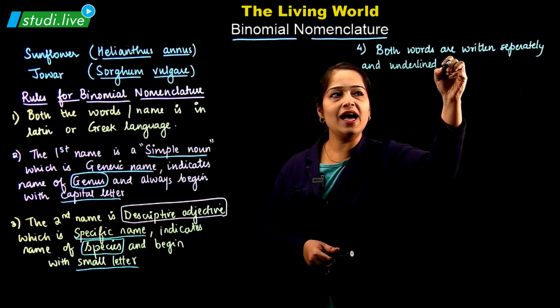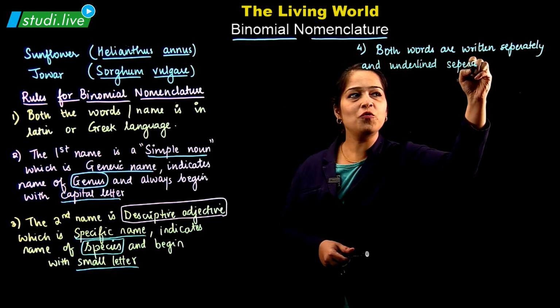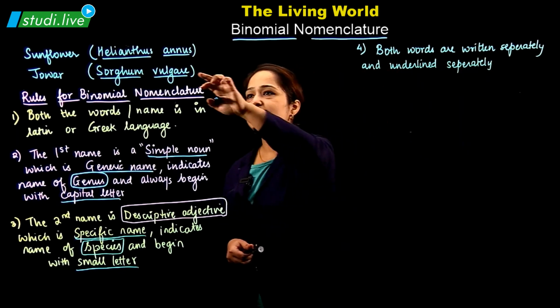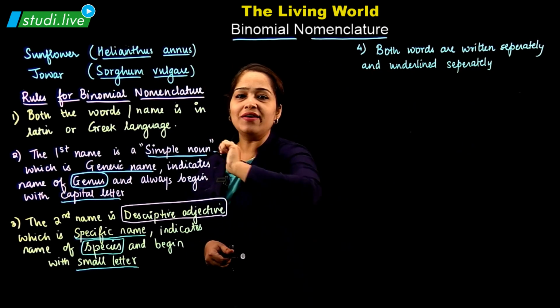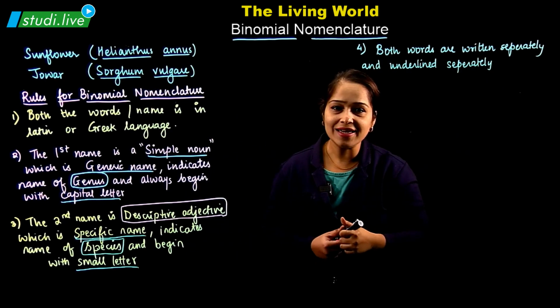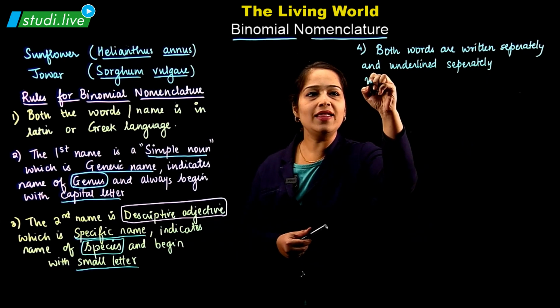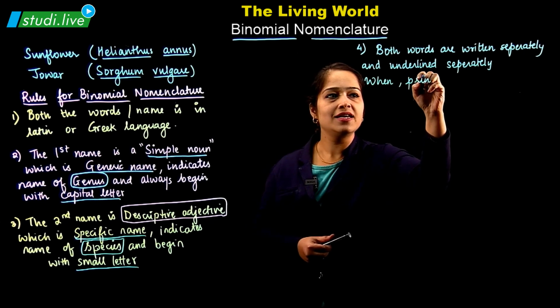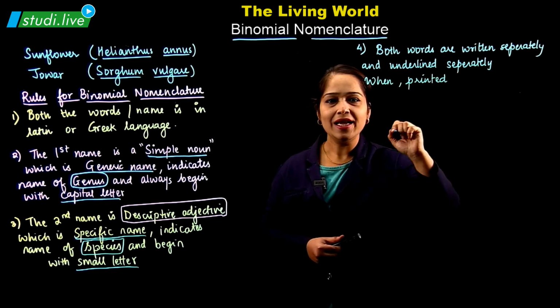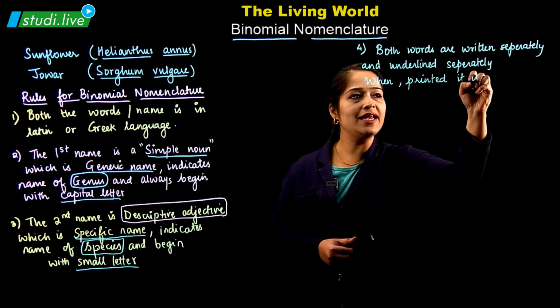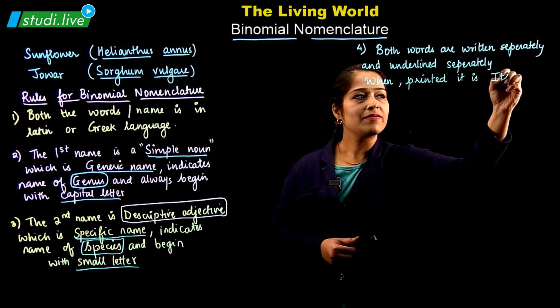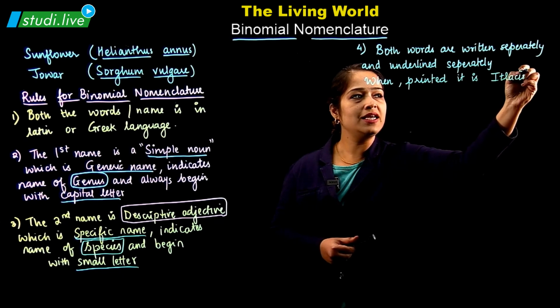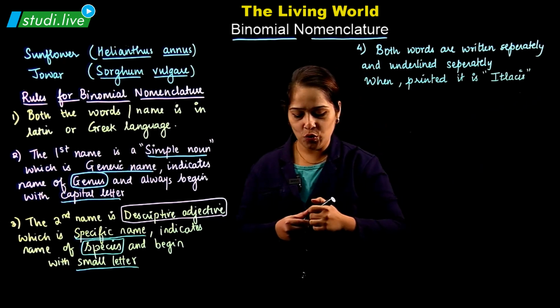The underlining should not be joined. As you can see over here, both the words are written separately and they are underlined separately. Now when they are printed, the font used is italics. So this is the fourth rule.